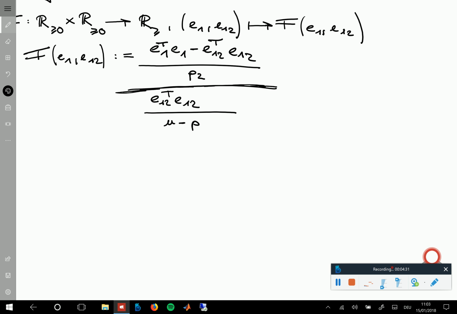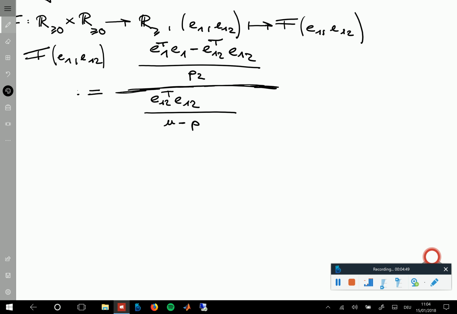So it's a fraction, and in the numerator, maybe that looks a little bit weird now, you have a fraction, and in the denominator you also have a fraction. So that's what the F statistic looks like.